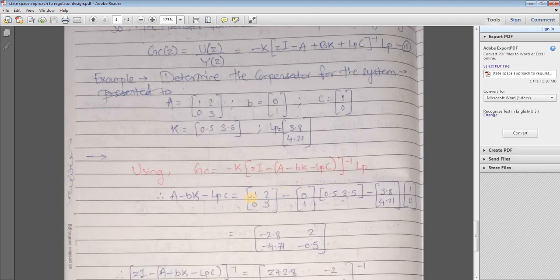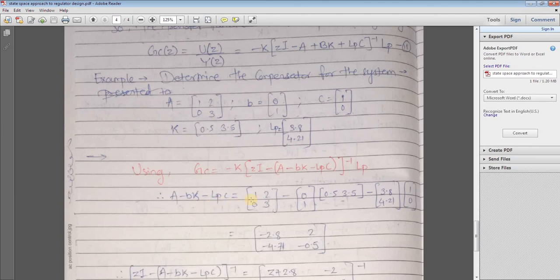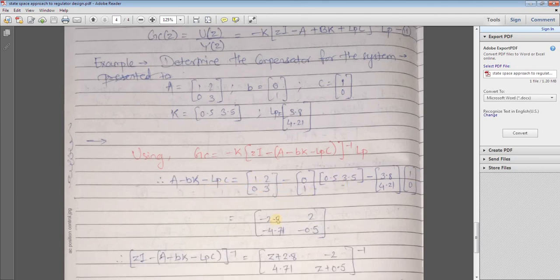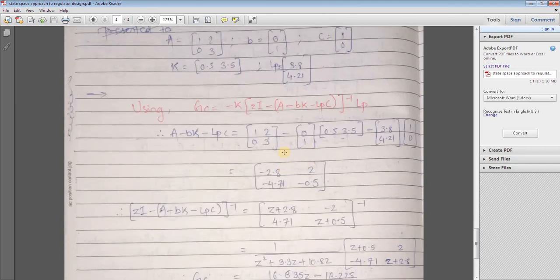Firstly, find out this subtraction, A minus BK minus L_P C. Just put the values and we get the value of A minus BK minus L_P C. Next we have to find out this whole term, without minus K. After finding it, we have to multiply by zI, where I is the unity matrix.